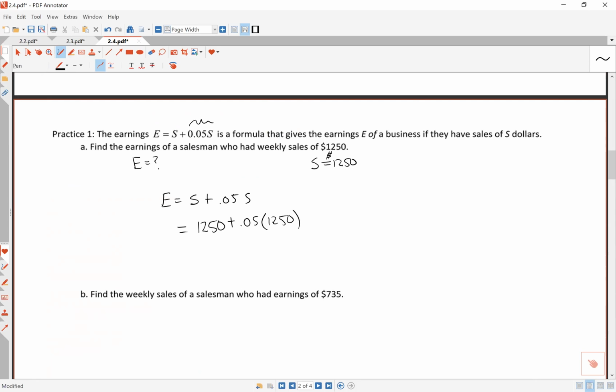So we start with the sales of $12.50 and we give this a 5% markup. So 5% of $12.50 is $62.50.